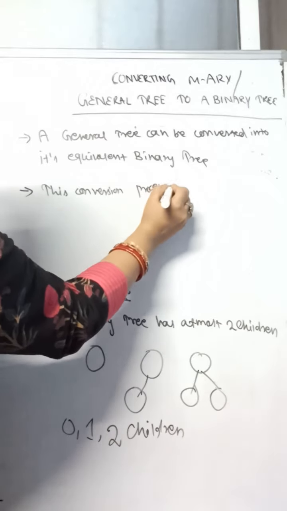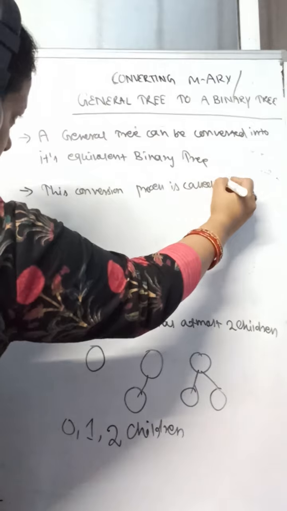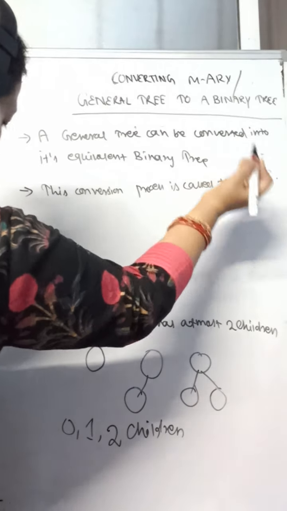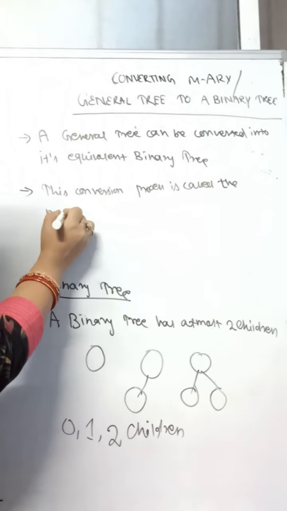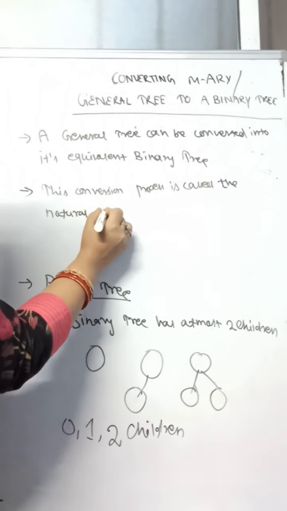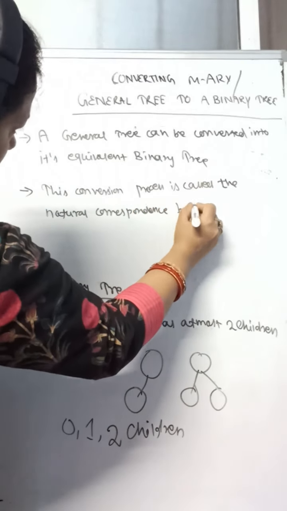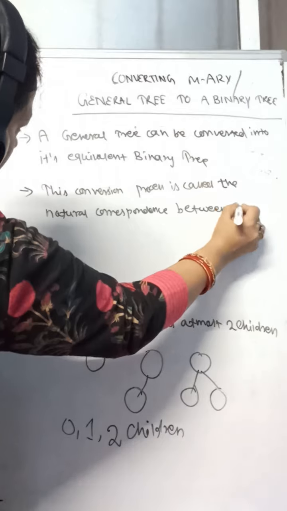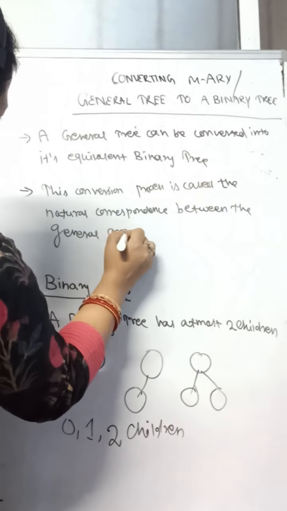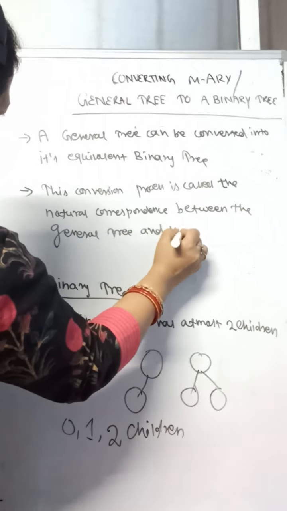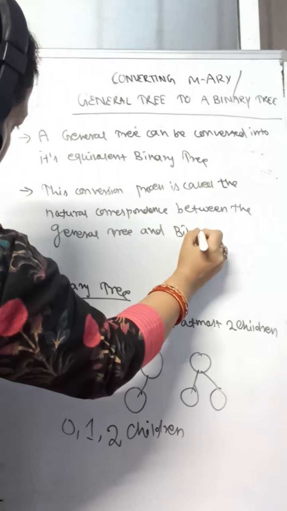This conversion process is called the natural correspondence between the general tree and the binary tree.